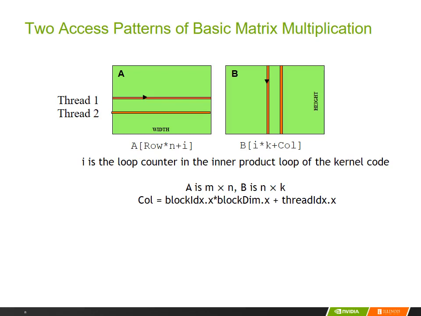So we know that the matrix B accesses are coalesced. Indeed, when we look at the neighboring threads in a warp, they will be accessing neighboring elements of B, and then they will all go to the next row and access neighboring elements of B, and then go to the next row and so on.